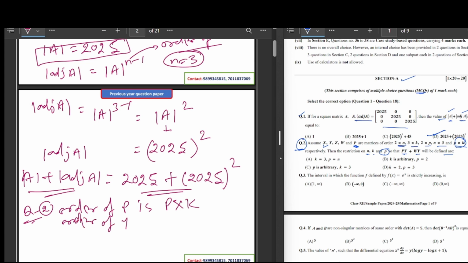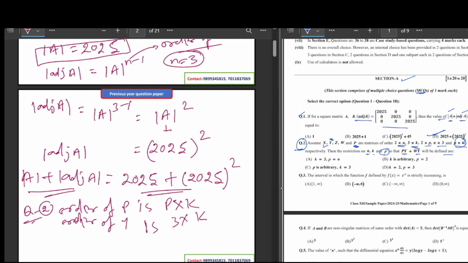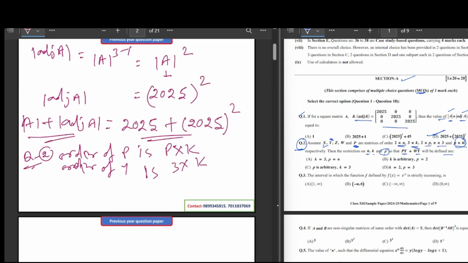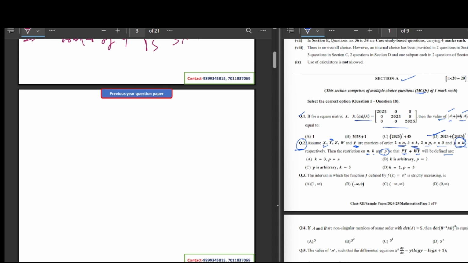If we want to write the order of Y, Y is in the second position, so the order will be 3 cross K. This is the order of Y. After that we have to find PY.